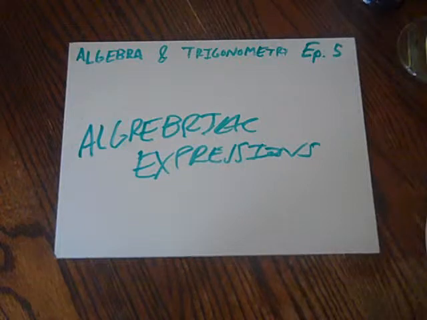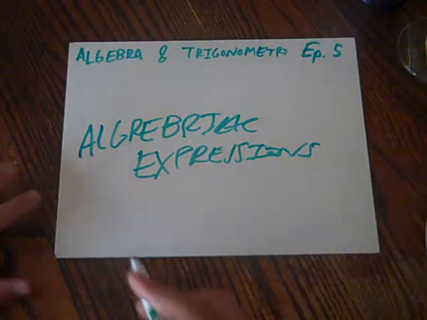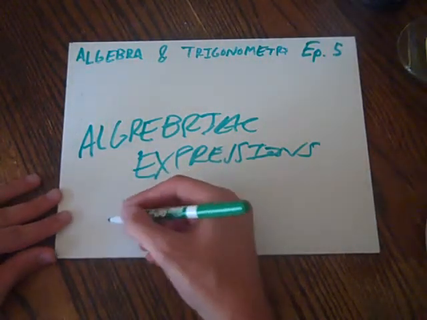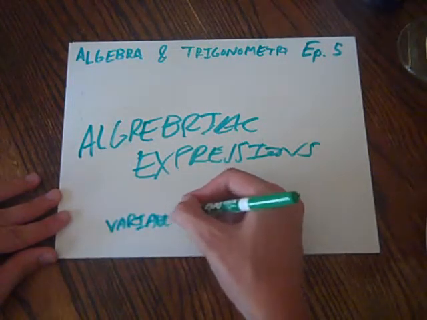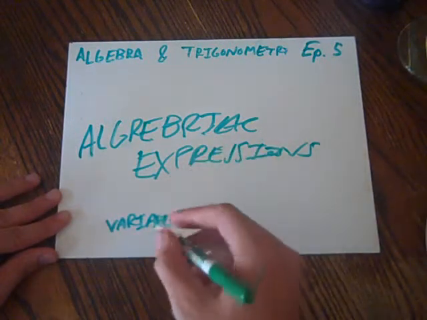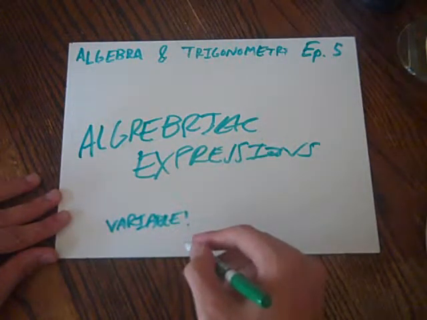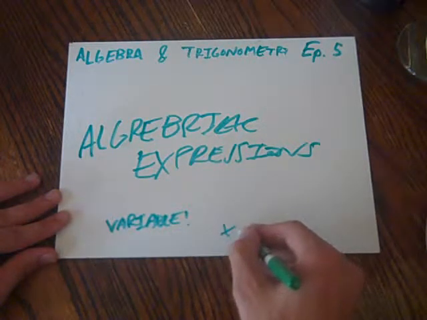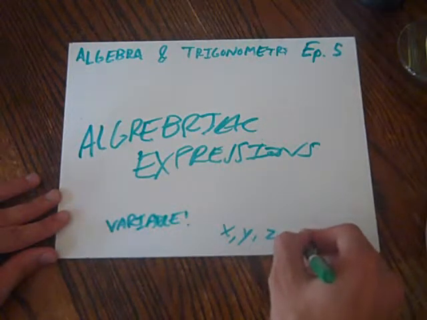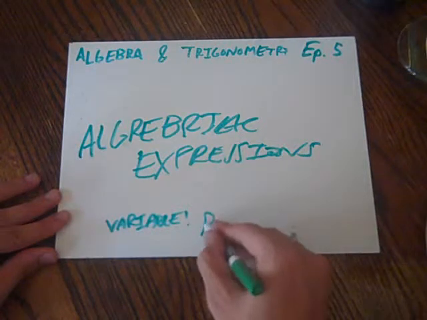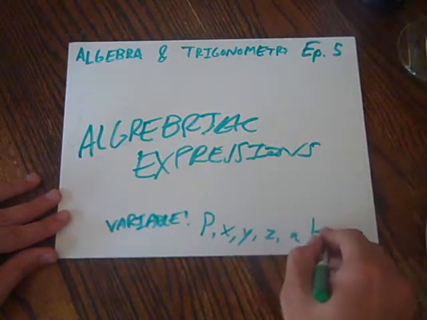An algebraic expression basically has a variable. Write this down here: variable. And it's basically x or y or z or a or p or b.